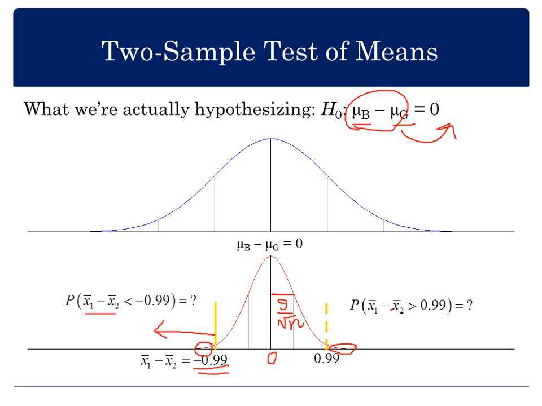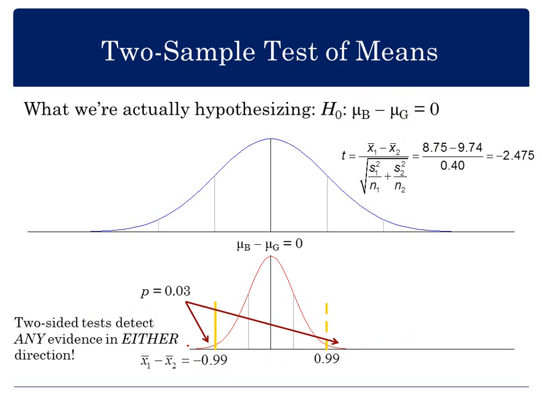If I subtracted, this should say, well, it could be the opposite, x2 minus x1. What's the probability that I would get something in the opposite direction of the same magnitude? If I compute that, I get a p-value, which adds up this area and this area, of 0.03.